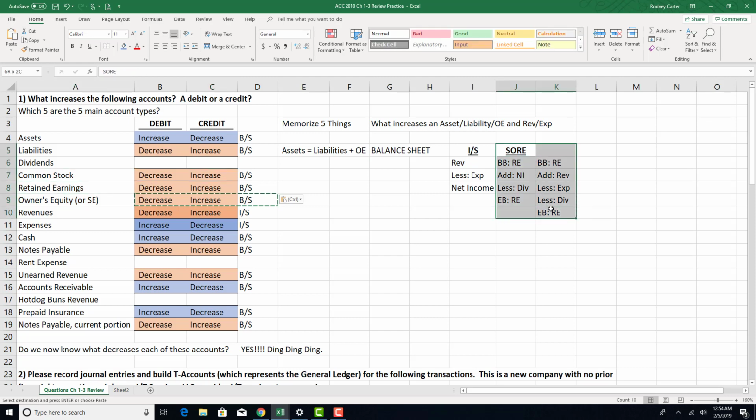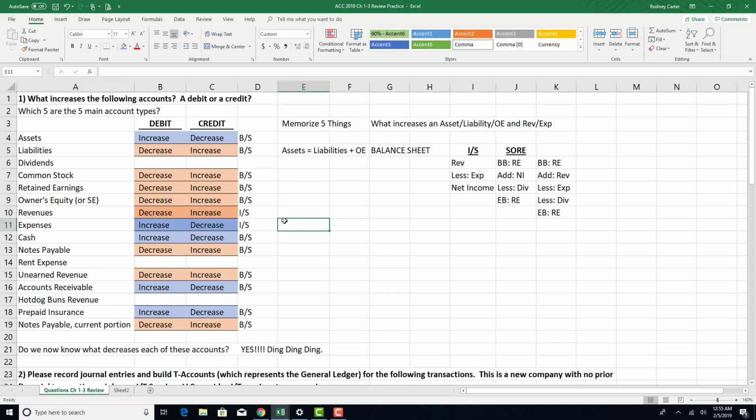We've just walked through the statement of retained earnings formula, how we solve for that number. We've got one little item to take care of here. This dividends is over here. So if you had to look right here and say, does dividends act like a revenue or an expense?